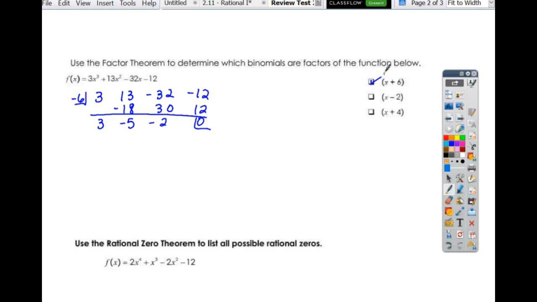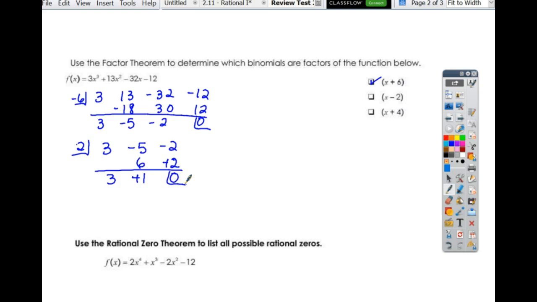So if that is a factor, I'm going to use what's left now. And I'm going to test positive 2 this time. And then 2, this is positive, so this is 0.